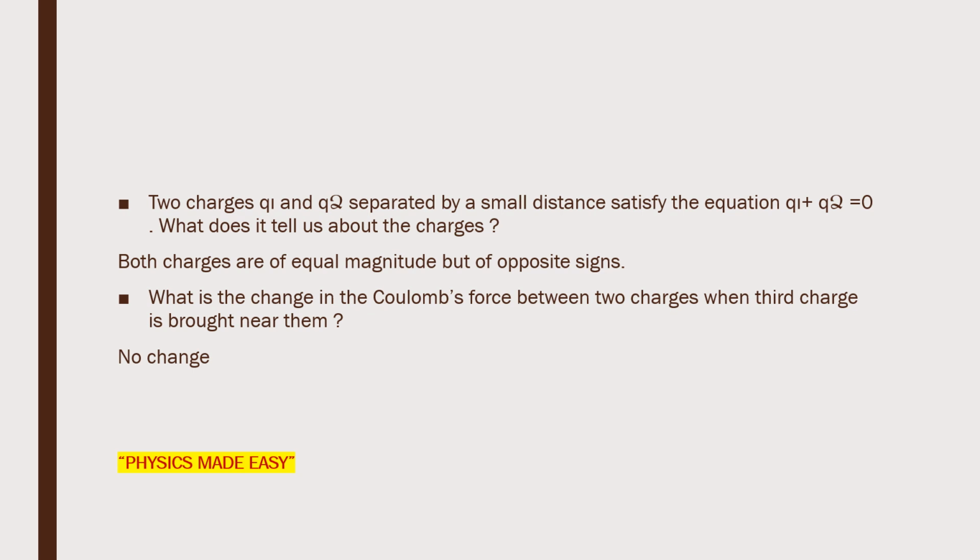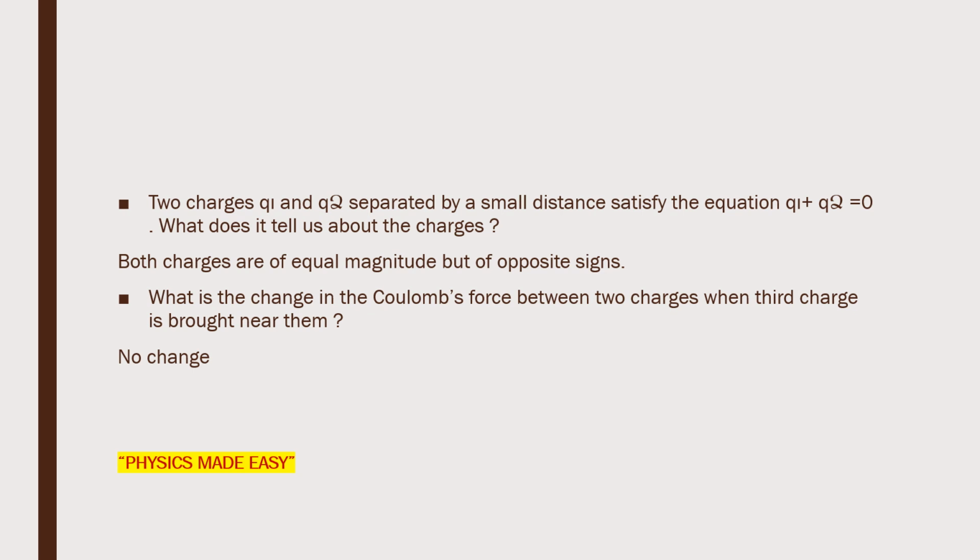Next question, two charges Q1 and Q2 are separated by a small distance and satisfy the equation Q1 plus Q2 is equal to 0. What does it tell us about the charges? As they satisfy the equation Q1 plus Q2 is equal to 0, it means that both charges are of equal magnitude but of opposite sign, so when they are added, their sum is equal to 0.